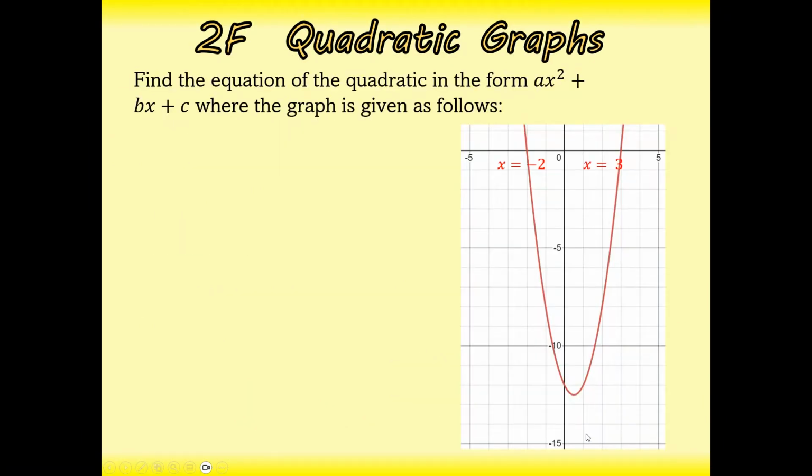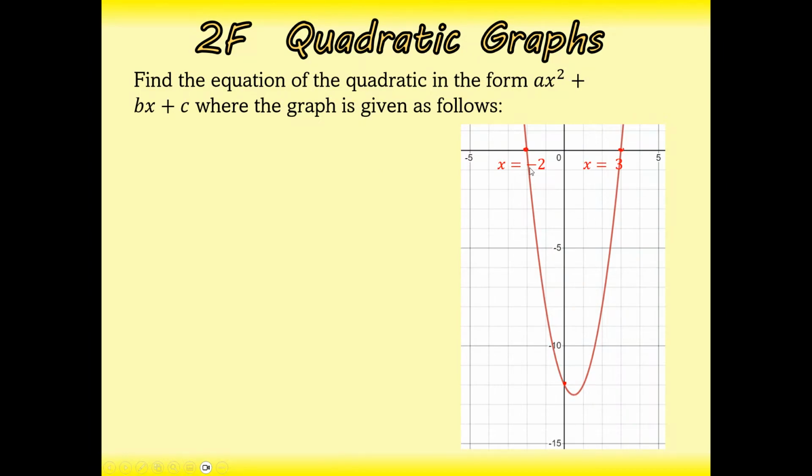Alright, in this question, we've been asked to figure out the equation of the quadratic, given the roots of the equation are -2 and 3. Now, in this example, you'll learn about something called the stretch factor, which we deal with in more detail when you look at translations and stretching of graphs in later chapters, but it's good to understand it anyway.